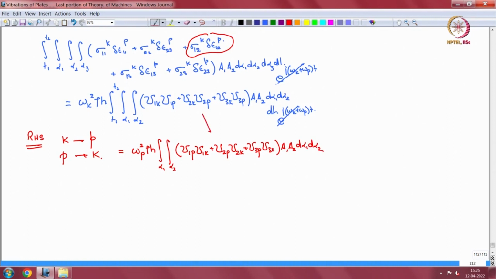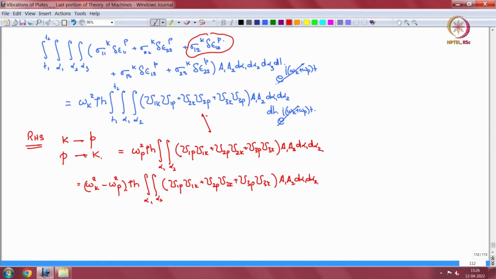And we are going to subtract, and so on the right side we get omega k square minus omega p square into rho h, integral alpha 1 integral alpha 2 of u1p u1k plus u2p u2k plus u3p u3k, A1 A2 d alpha 1 d alpha 2. That is what we get.